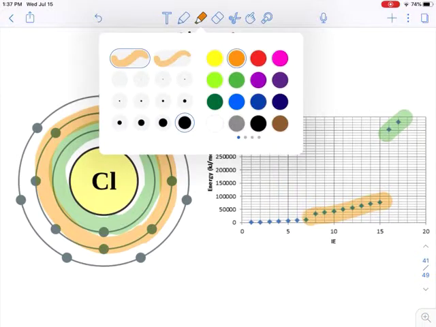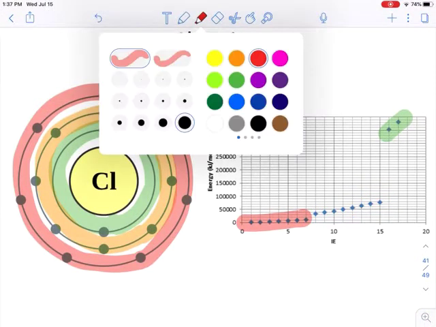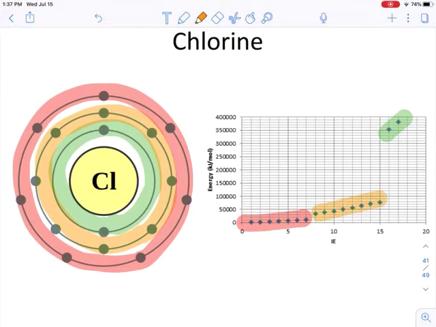And then our outermost shell, these 7, are going to go there. So chlorine has 3 shells: a 2 shell, an 8 shell, and a 7 shell.